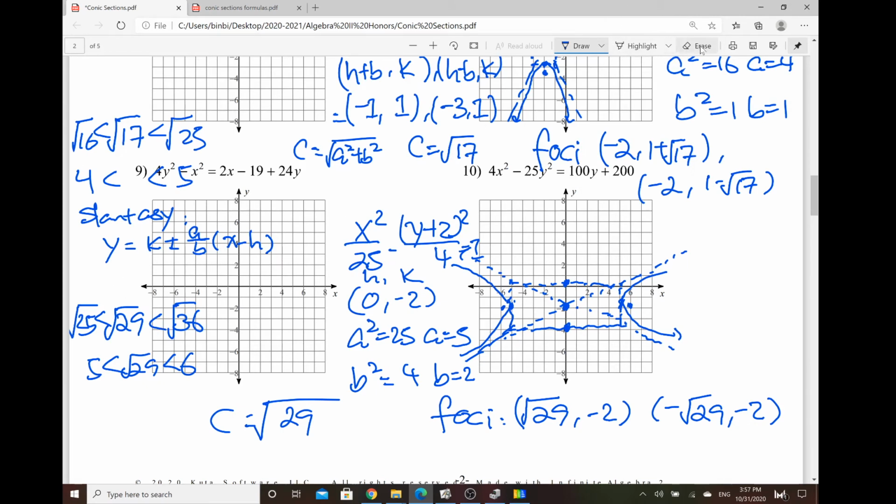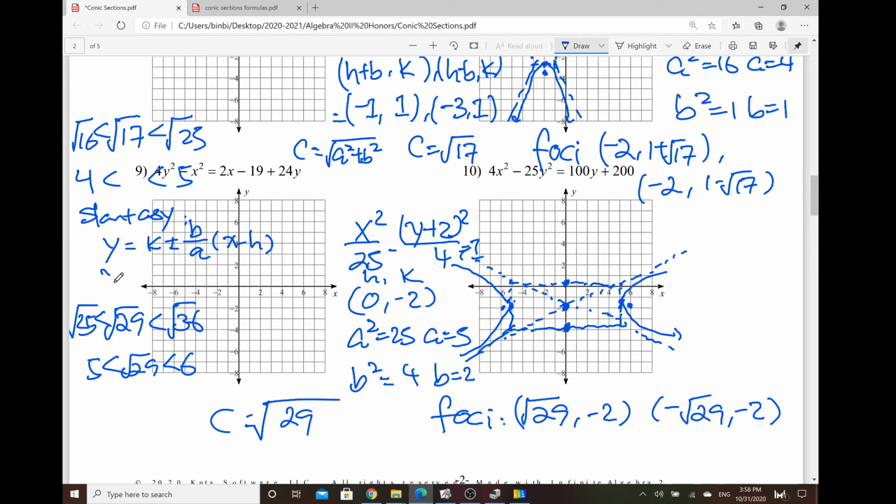Okay, so this one is the horizontal. The slope is supposed to be plus or minus b over a. The reason it's plus or minus is because they go in two different directions, one from left to right, and the other from right to left.